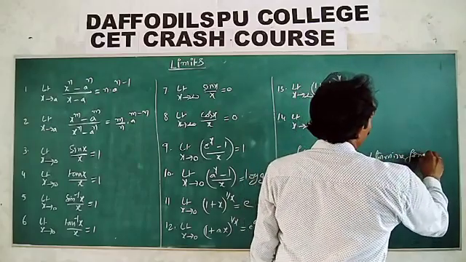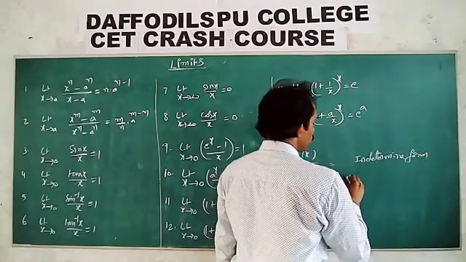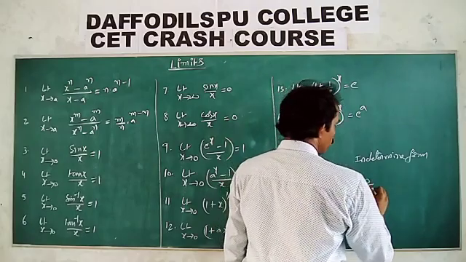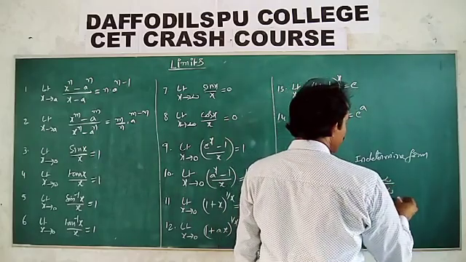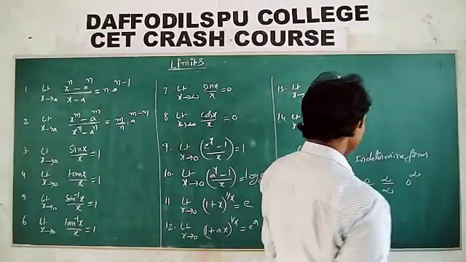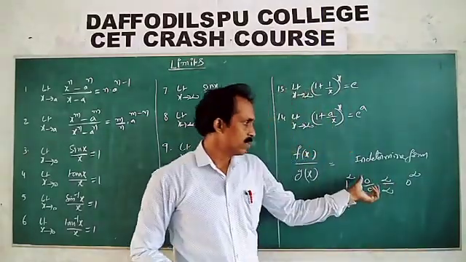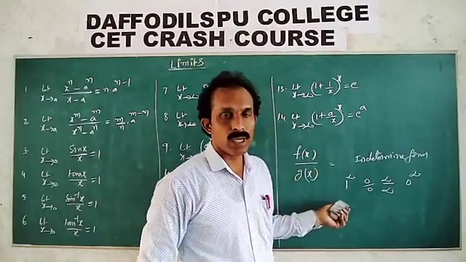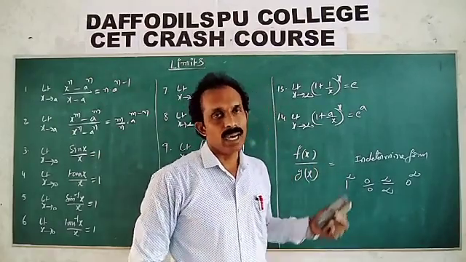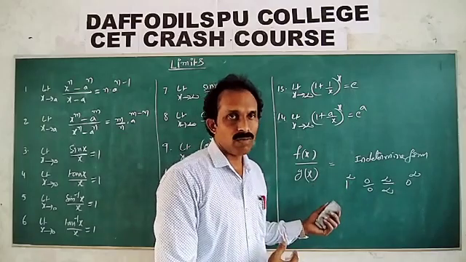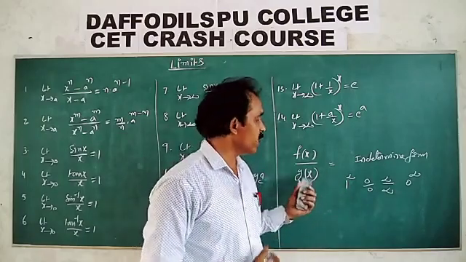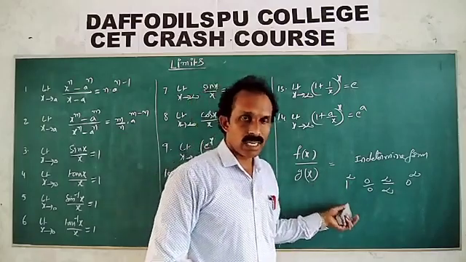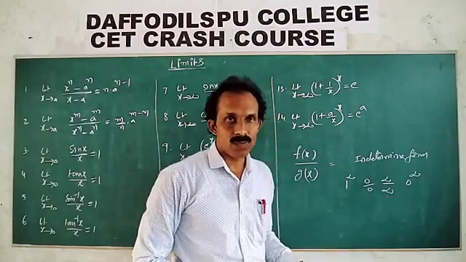Indeterminate forms are 1 to the power of infinity, 0 by 0, infinity by infinity, and 0 to the power of infinity. For this type of answers, we can convert these problems by rationalization or by finding factors, so that the limit exists.